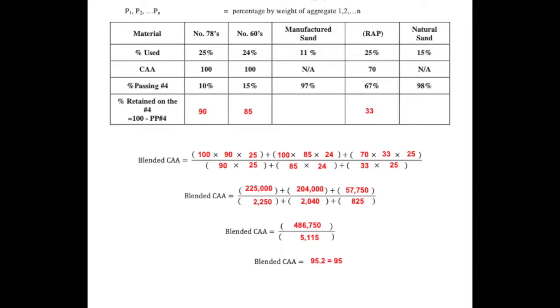Do your multiplication, then you divide those values for the 3 aggregates used. Just follow the sequence of the equation, and our blended CAA will be a 95.2 rounded to the nearest whole number, which yields us a 95.